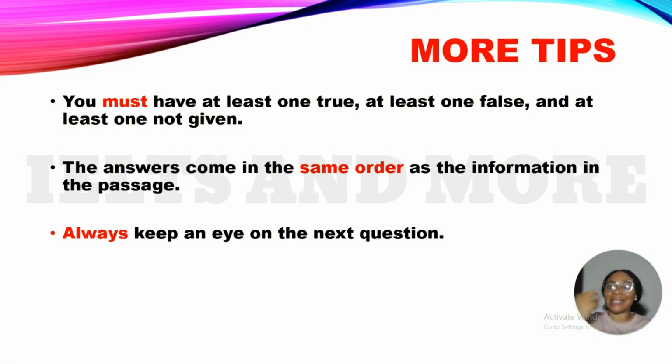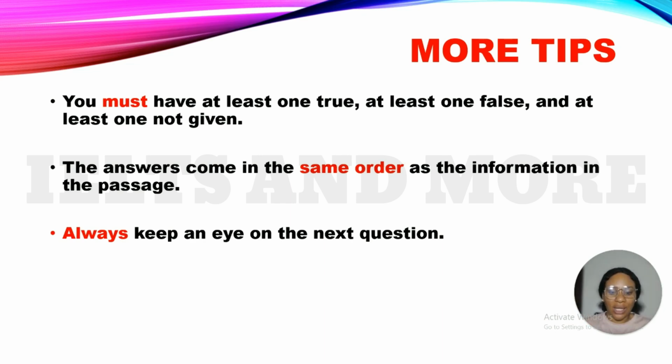The examiners designed number one to be not given. That means it is not in the passage. That information in number one is not provided in the passage. Good. You would have to read that whole passage to the end before you realize that it's not there.